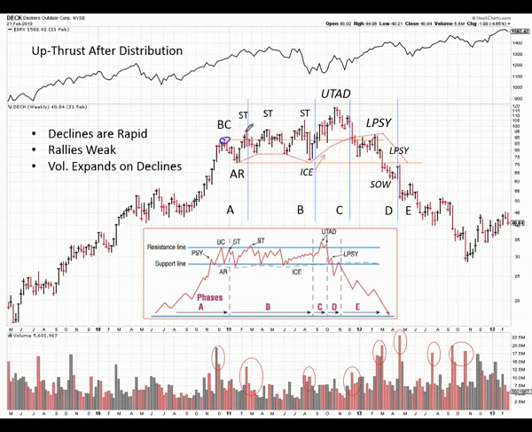Visually, I see that all of these points right here are points of resistance, and they are somewhat on the same resistance line. So I want to project this line, and I see how nicely now the upthrust is just committing in one bar, and this is weekly.